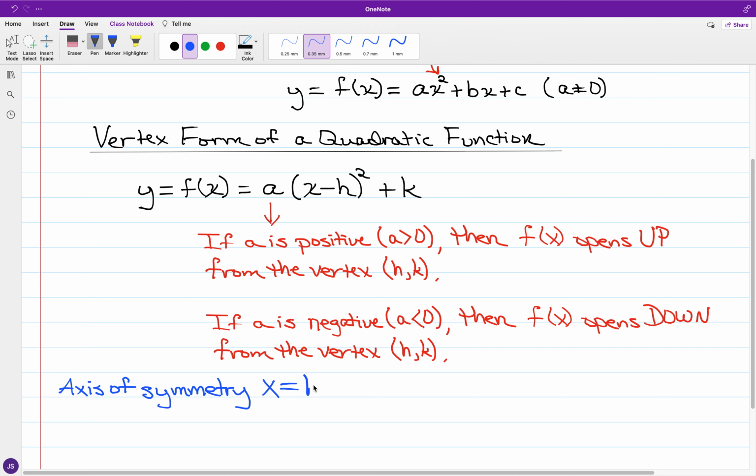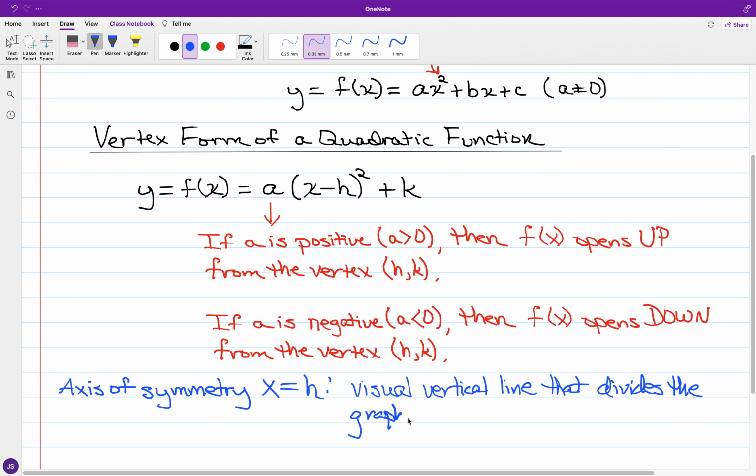The axis of symmetry, x is equal to h, and this is going to be a vertical line. It's not the graph itself, but that's going to divide the graph of f of x into equal mirroring halves.